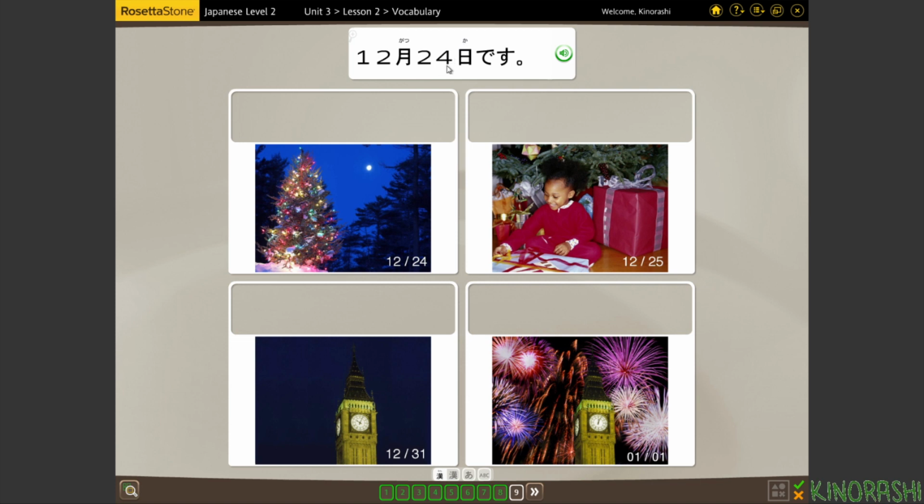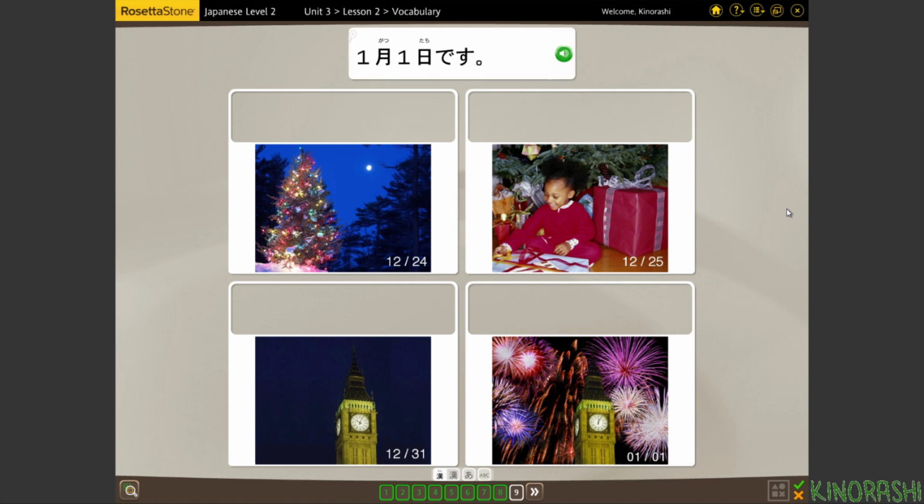You say "yo", and instead of "nichi", you use "ka", because you use "yo" here. And it's just something you have to memorize. I'm not sure if there's a real pattern to it. So, juunigatsu nijuuyokka desu.